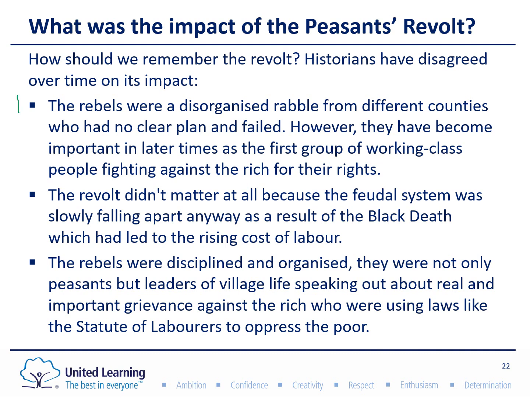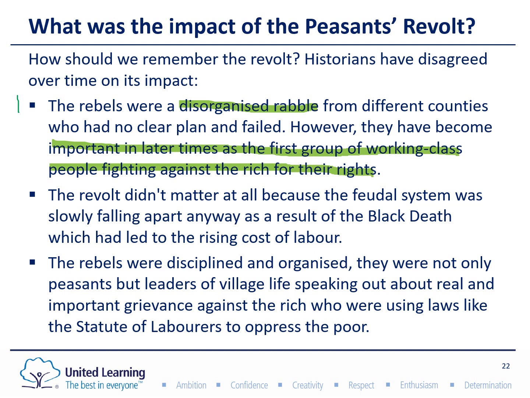The rebels were a disorganized rabble from different countries and counties who had no clear plan and failed because of it. However, they have become important in later times as the first group of working class people fighting against the rich for their rights.